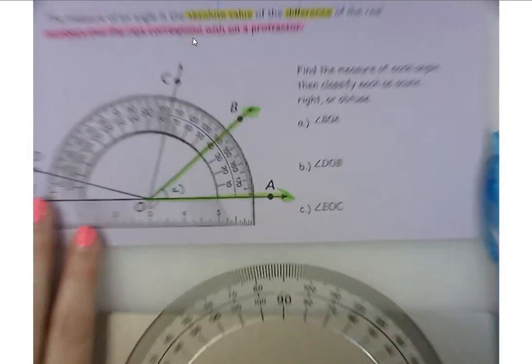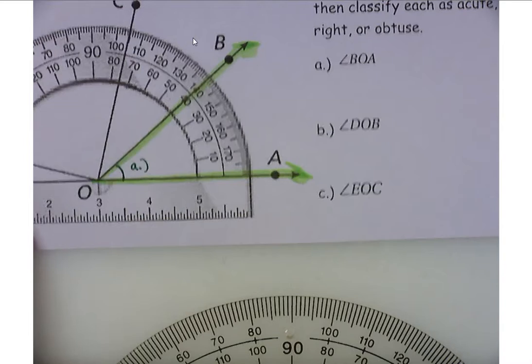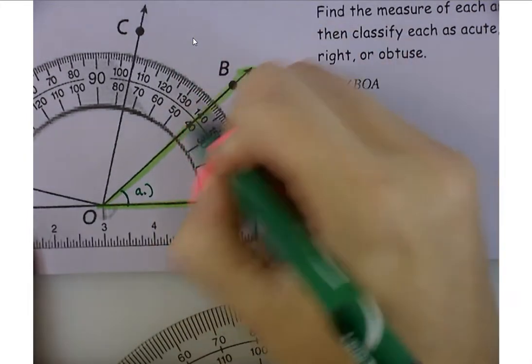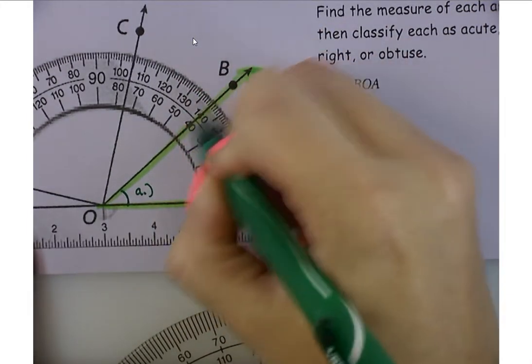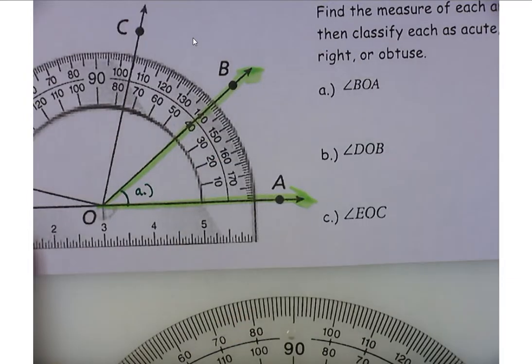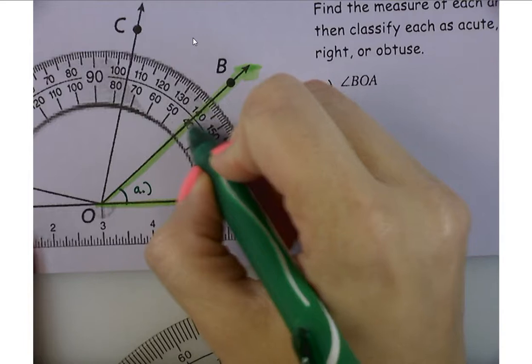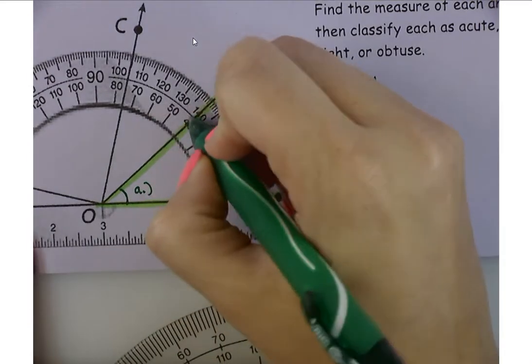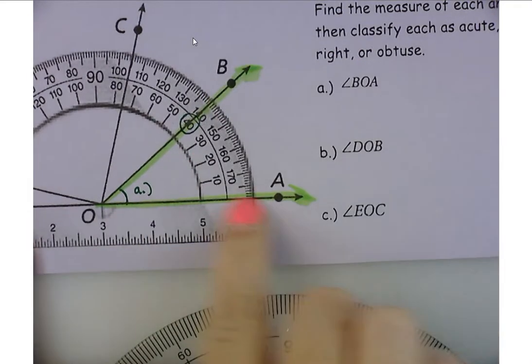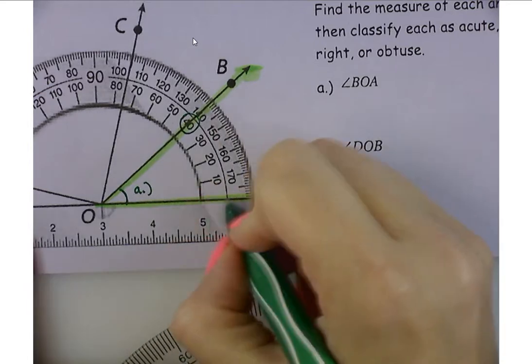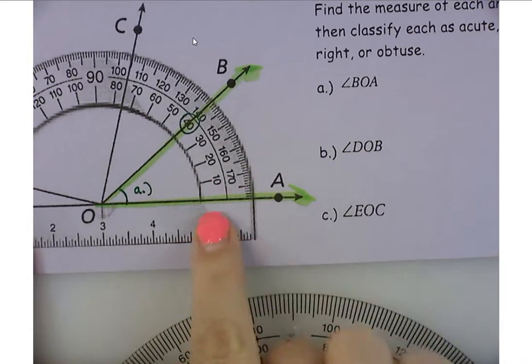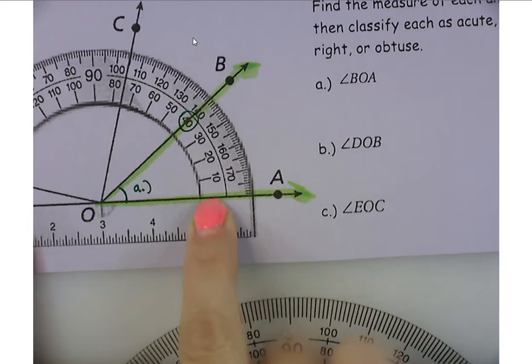So if I'm looking at BOA, I'm right here. B is at 40 or 140. You can choose whichever one you want. I chose to go with the lower one, which is 40. So I have 40 here. A is at this line. Now I don't have any degrees written here, which means this one is what? 0.